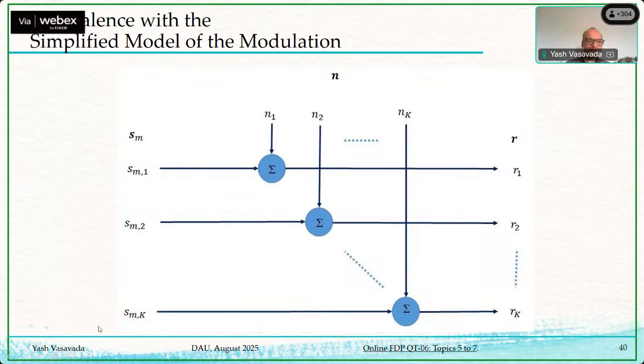The transmitted modulated symbol is a K-dimensional vector. There's a total of K components. These components go through an additive noise channel which introduces this noise vector, which is also K-dimensional. And then the receiver gets a K-dimensional vector R1 to R capital K.